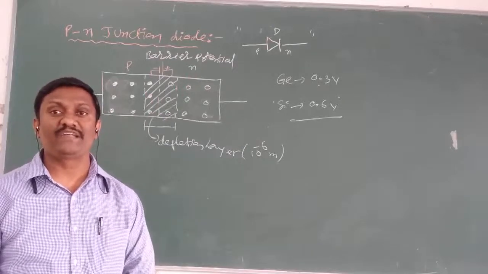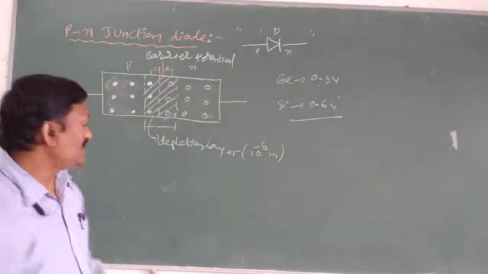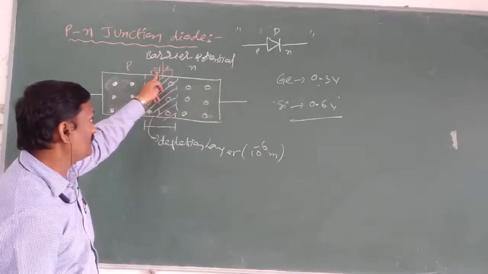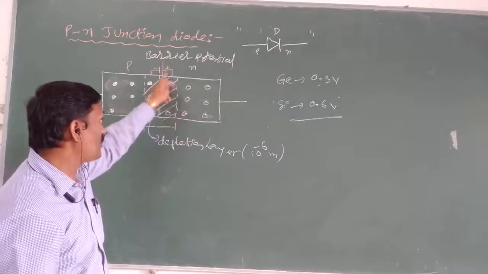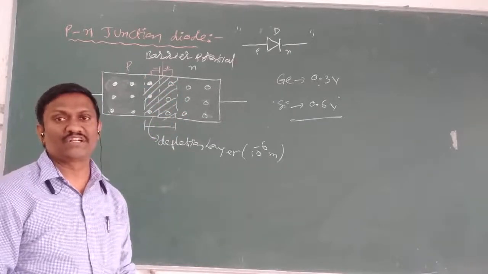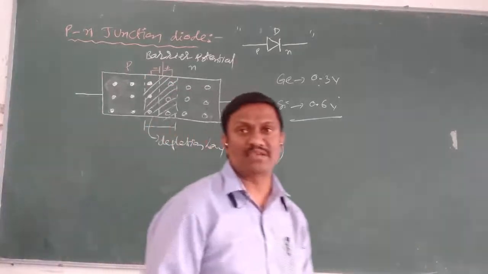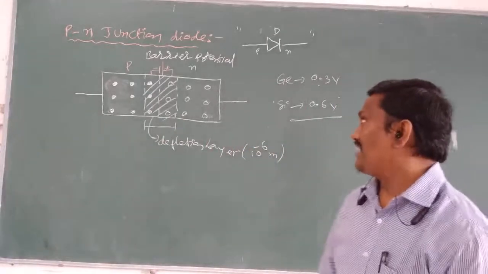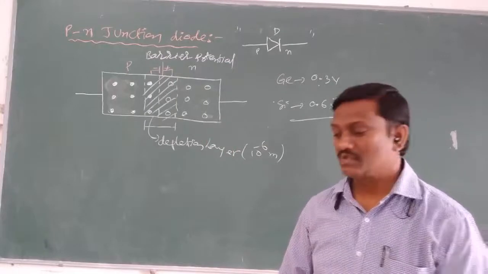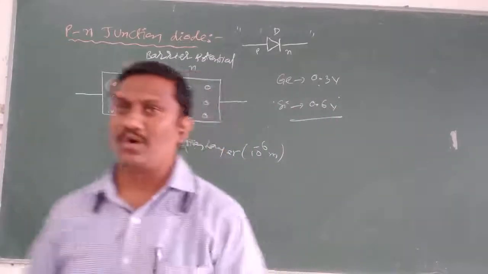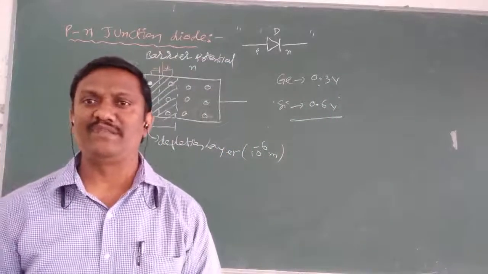The nature of the barrier potential: inside the P region it is a negative potential, and inside the N region it is a positive potential. So that is about formation of the depletion layer and formation of the barrier potential in the case of a PN junction diode. So that is about working and formation of the PN junction diode.